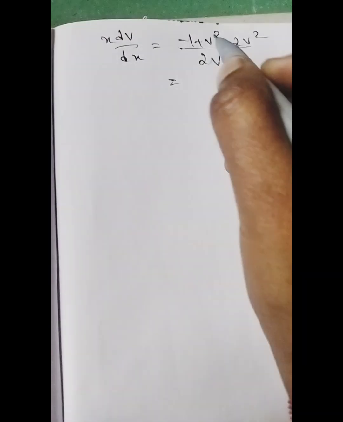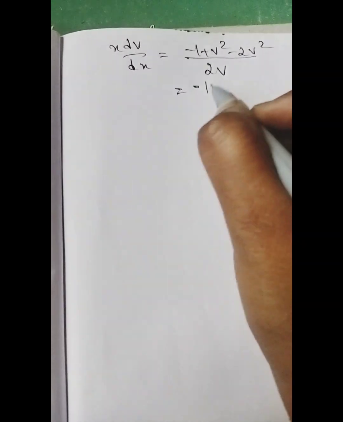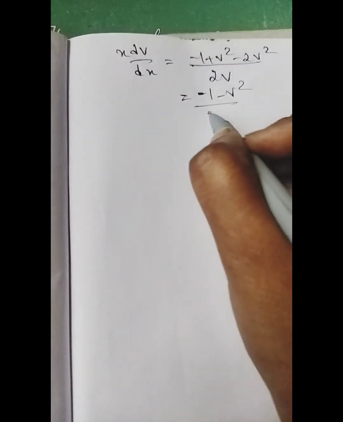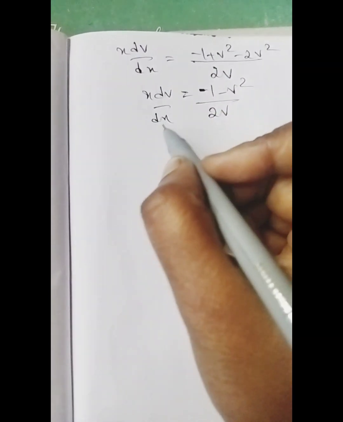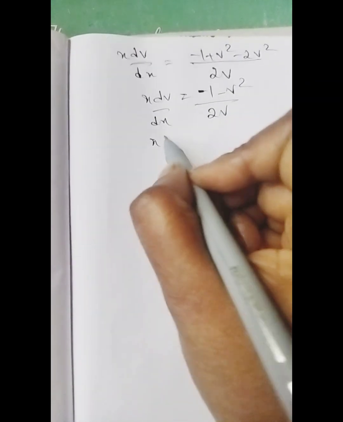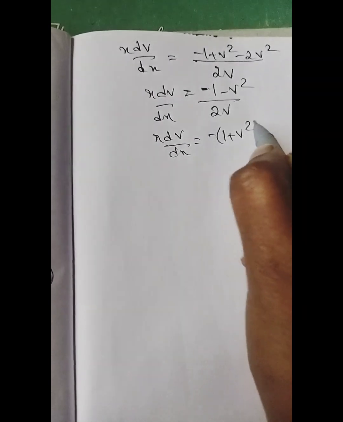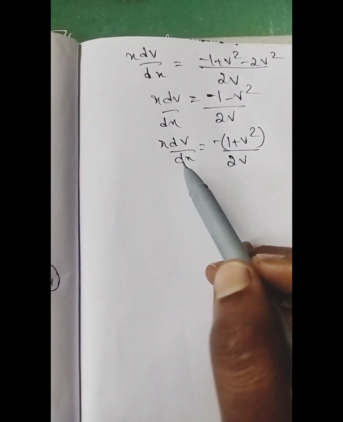Next, we can add here: minus 1 minus v square minus 2v square is minus 1 minus 3v square... divided by 2v, x into dv by dx. And also you can take common here, x into dv by dx equal to minus of (1 plus v square) divided by 2v.